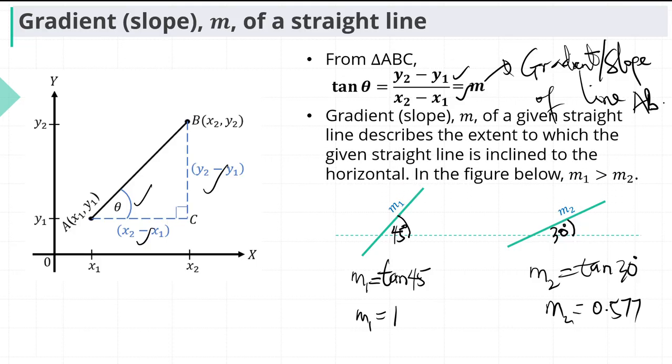Gradient or slope of a given straight line describes the extent to which the given straight line is inclined to the horizontal. So in the figure, we see that the gradient M1 is greater than the gradient M2. Gradient simply means the extent to which a straight line is inclined to the horizontal.